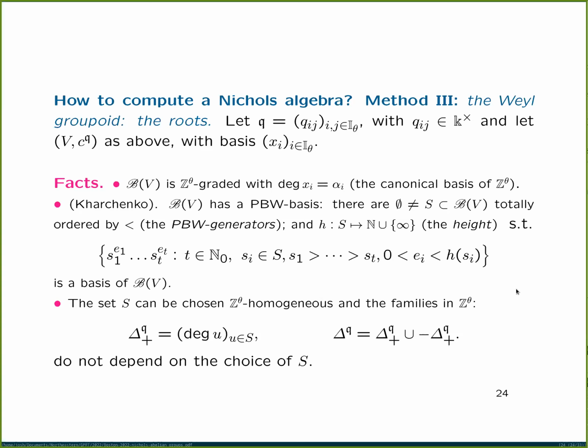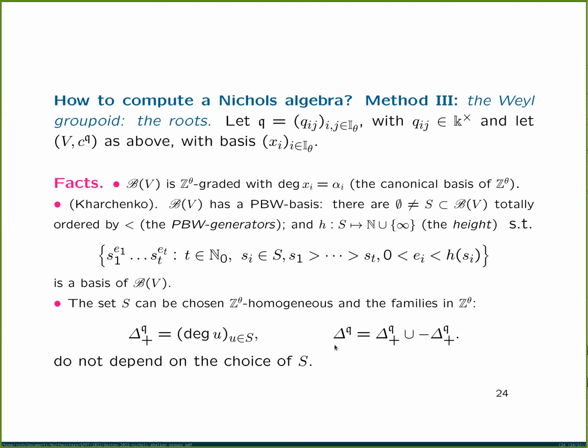So I say that the degrees of the elements of S, which is a family because it can be repeated, since the same element can be the degree of two different monomials, this family I will call the family of positive roots of the Nichols algebra B(V_q).